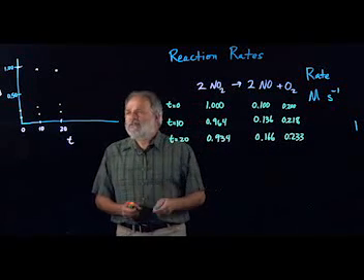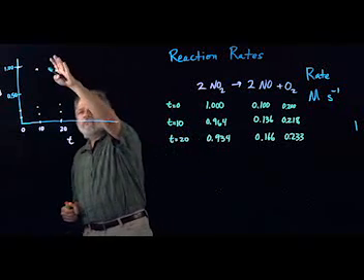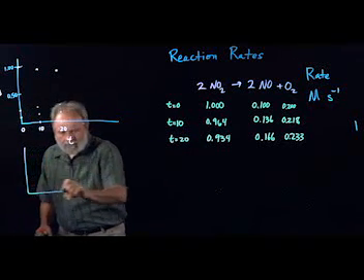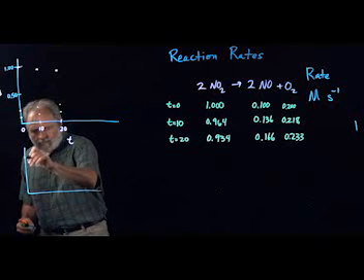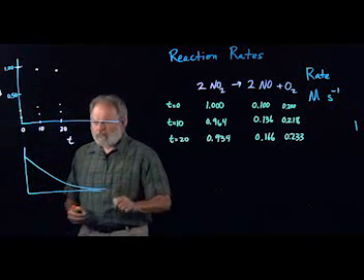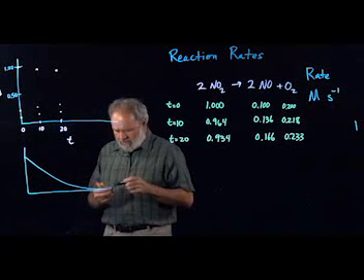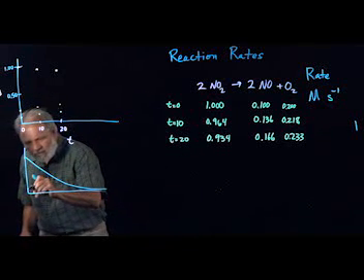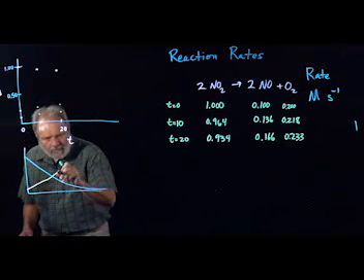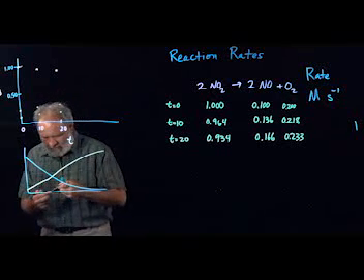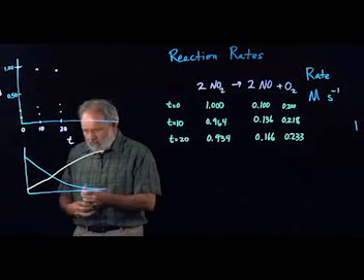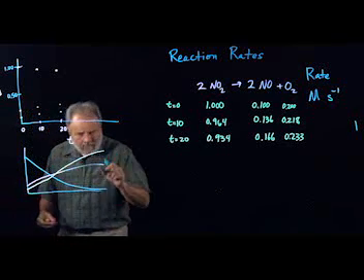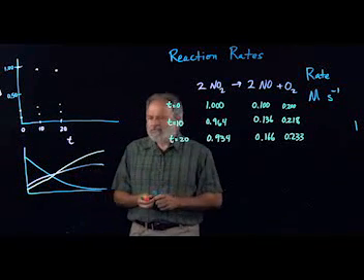Okay, so let's draw another plot of what this would look like at very long times. The NO2 would be going down, the NO would be going up, and the molecular oxygen would be going up as well, but to some limiting value.